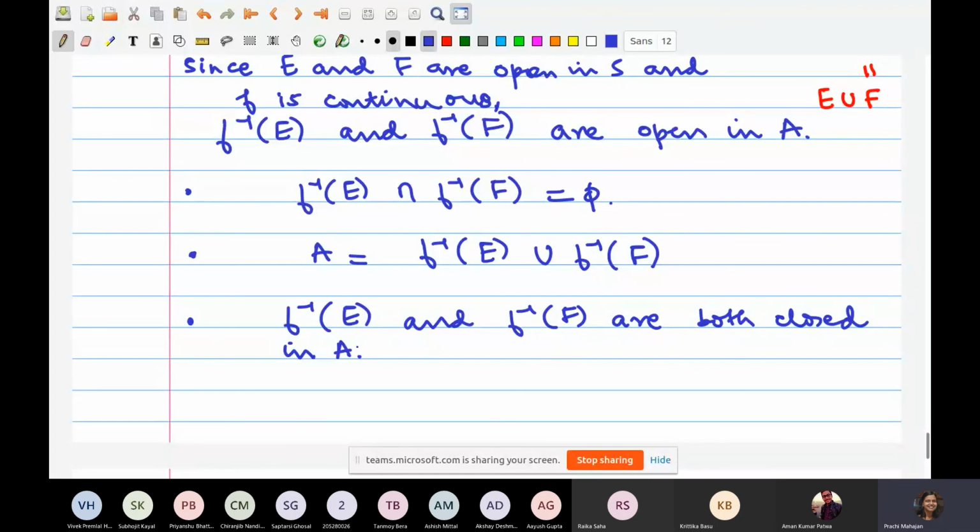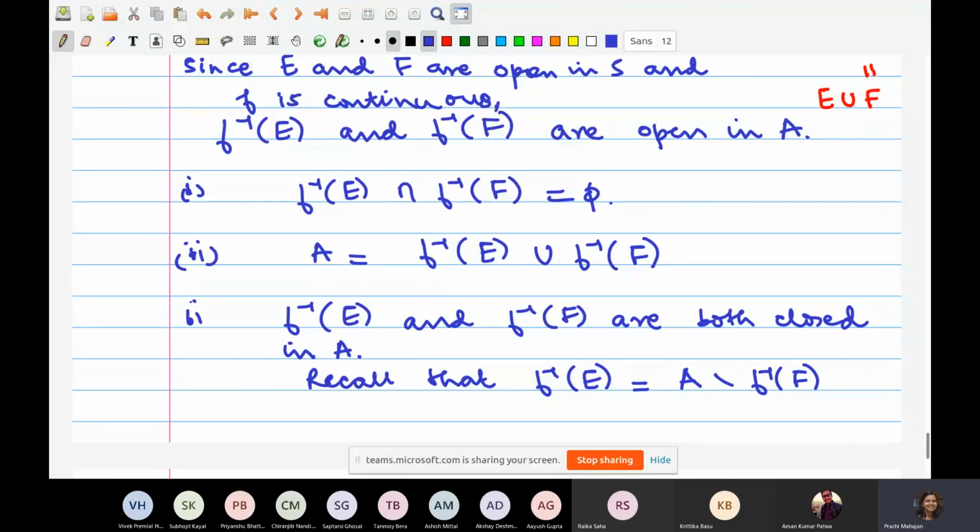How do I get this? Recall that the pullback of the set E under f is exactly the set A minus the pullback of the set F. So I'm using statement 1 and statement 2, saying that A is the disjoint union of these two sets is exactly saying that the pullback of the set E under f is the set A minus the pullback of the set F under the map f.